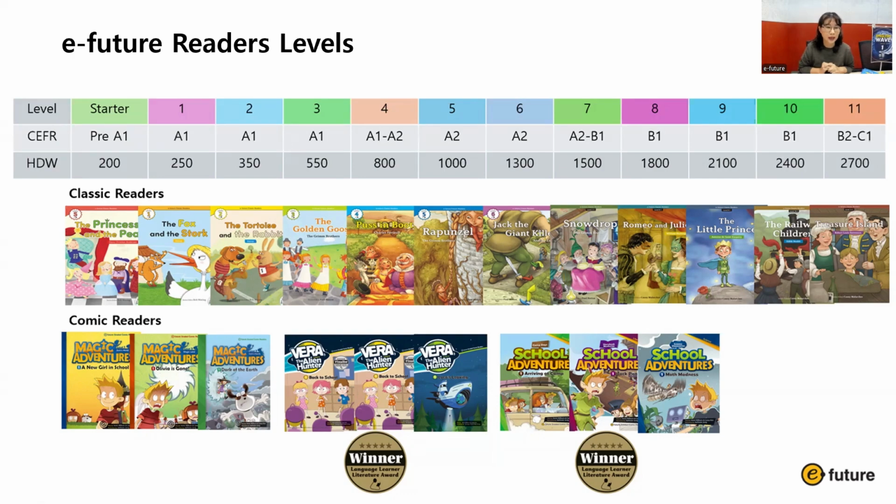So if you're using an A1 level course book, and if you want to use readers together with the course book, you can choose the readers from A1 level. Okay, and same for reading or grammar or listening, right? You can choose, mix, and match the books according to CEFR level.